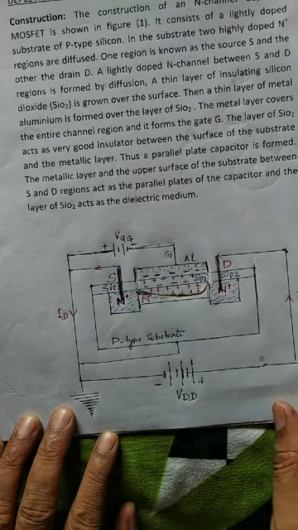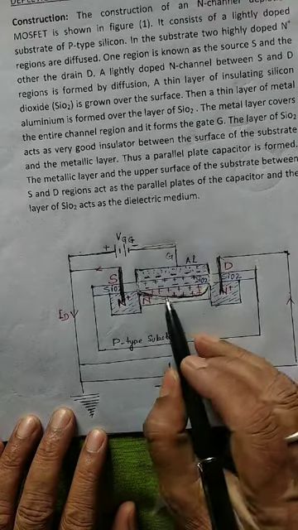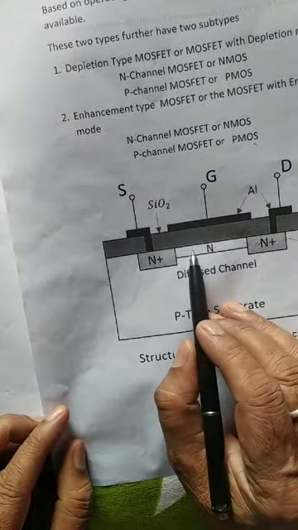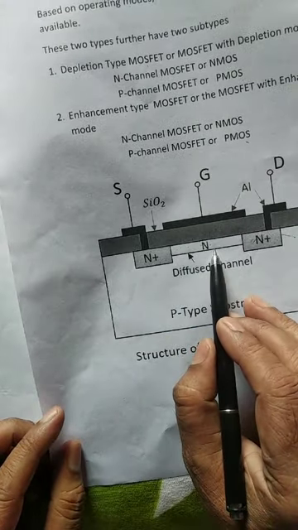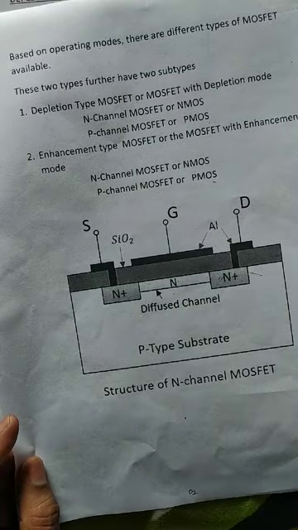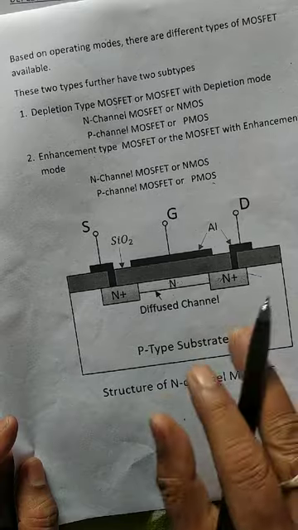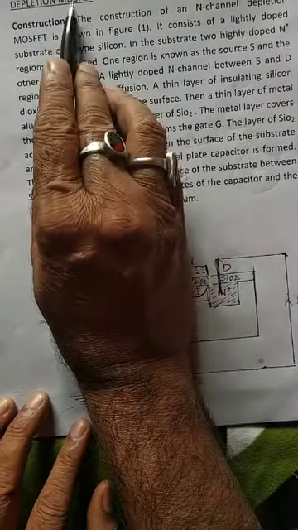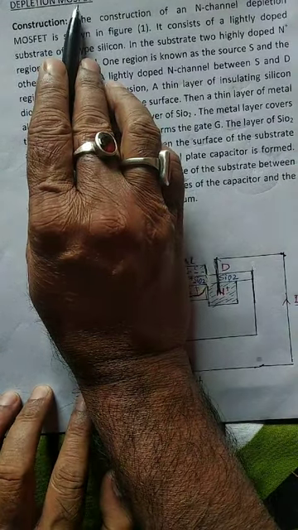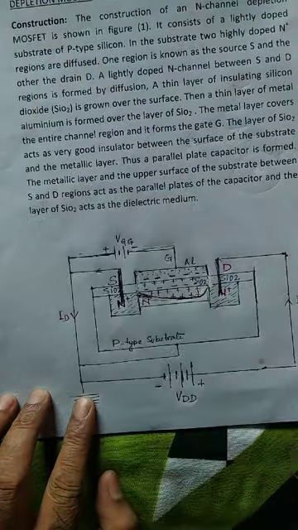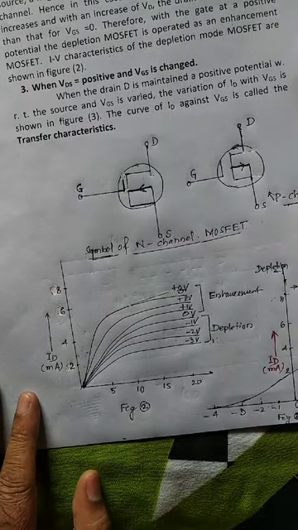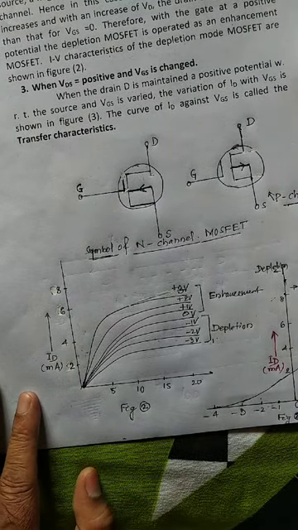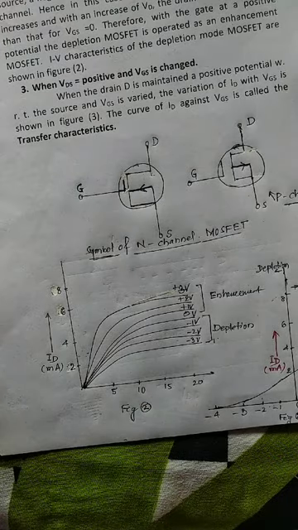So this is the connection. Now, I just told you this is a channel. If channel width increases, it is enhancement mode. If channel width decreases, it is depletion mode. Actually we call it depletion MOSFET, but it functions as enhancement as well as depletion mode. So let us see why we call it depletion mode.